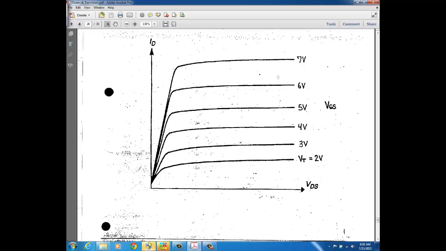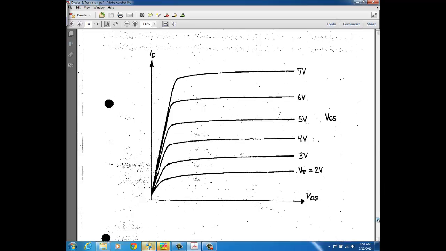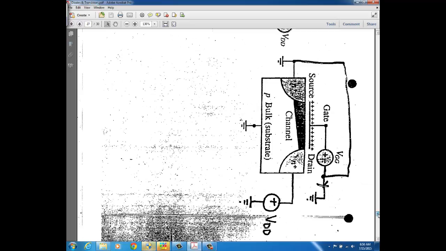Now, you may also recall with the BJTs, we had an IV curve between the base current and the base to emitter voltage, and that was the same as a forward biased actual diode. With FETs, we don't talk about an IV curve at the gate side, and that has to do with the fabrication.